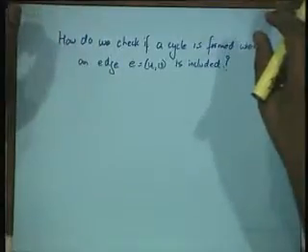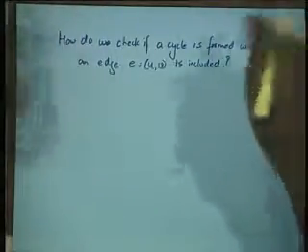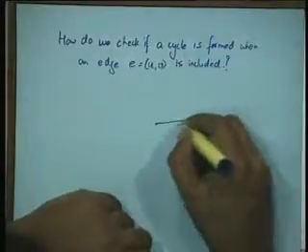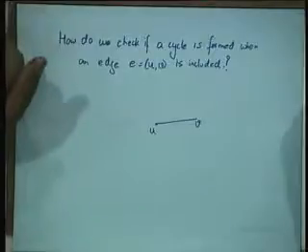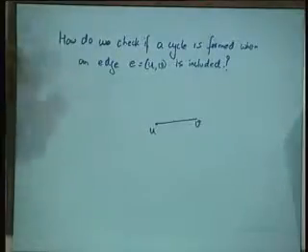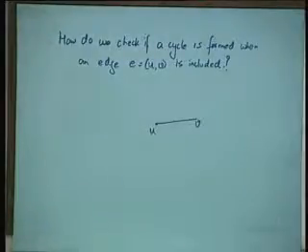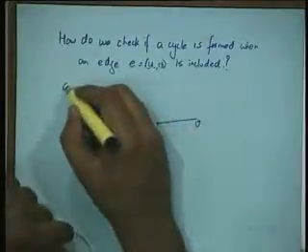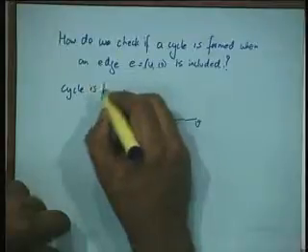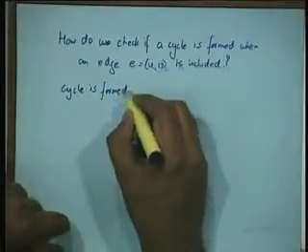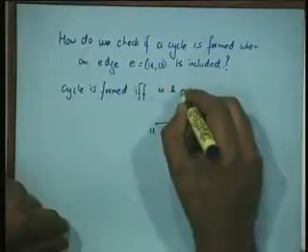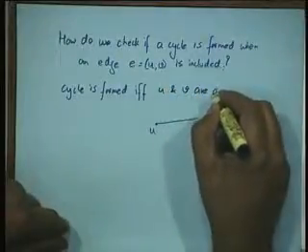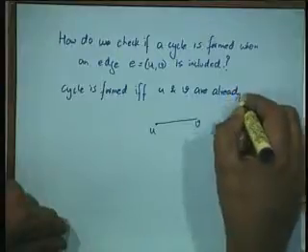So when will a cycle be formed? I am trying to include this edge u v. कब एक cycle बनेगी? When u and v are already connected. केवल तभी cycle बनेगी. Right? Cycle is formed if and only if u and v are already connected.